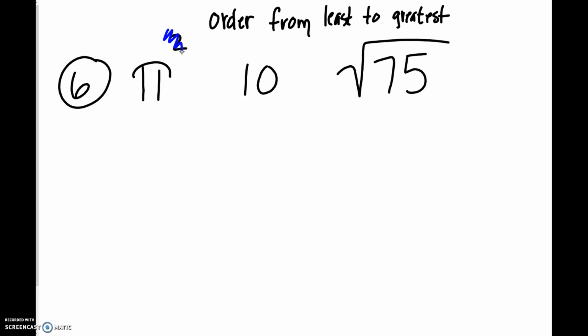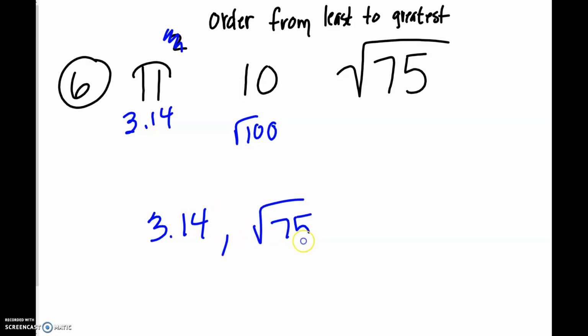Okay, since this is 3.14, now we just have to figure out where the square root of 75 is. What's bigger than that? Well, 10 is the square root of 100. So is the square root of 75 bigger or smaller than the square root of 100? So we're going to go with 3.14, and then our square root of 75, and then our square root of 100.